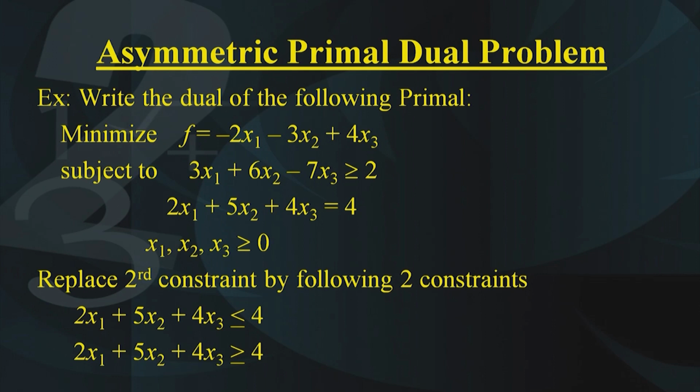Now, in this problem we find that this is not in the standard form of the primal, or it is not in the standard form of the dual, because if you recollect from the previous lecture, the primal standard form is minimization of objective function and greater than or equal to type constraints, or maximization of objective function and less than or equal to constraints.